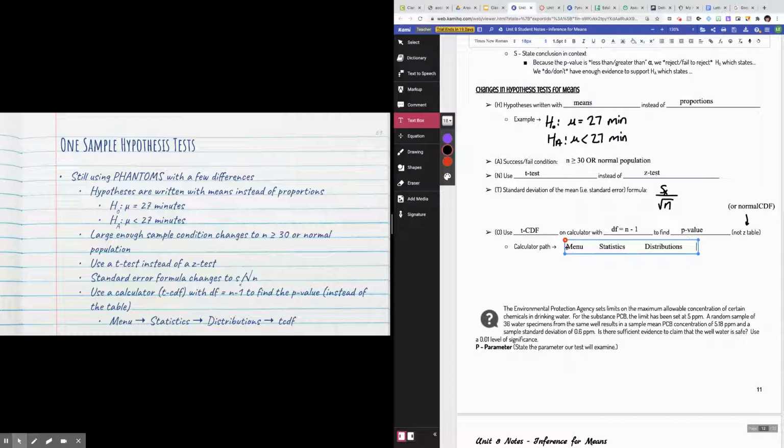And then the one you're looking for is called TCDF. When you do this on your calculator, it's going to ask you for the sample mean, the sample standard deviation, or it'll ask you for your test statistic value, and it'll ask you for the degrees of freedom, things like that.